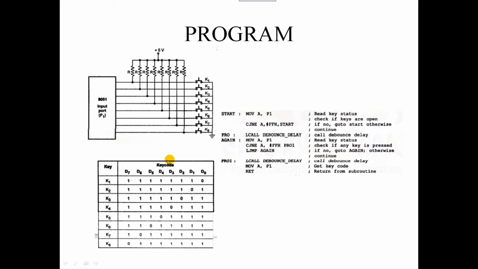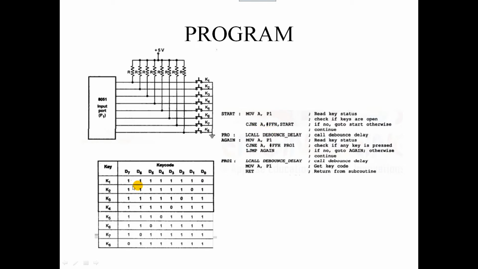By checking the data, we can know which key is pressed with the help of this particular table. If the first key is pressed, then D0 is going to be 0 and others are going to be 1, so I can say it is F7. Here FF is set as a benchmark data for checking whether the key is open or not.